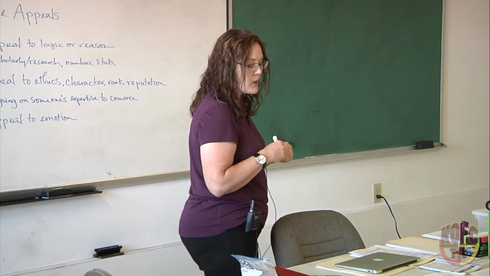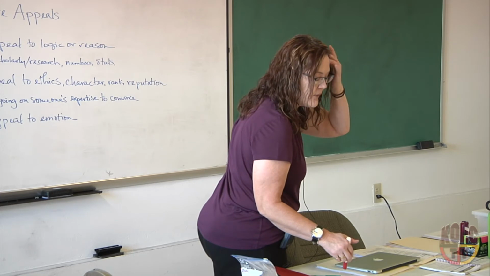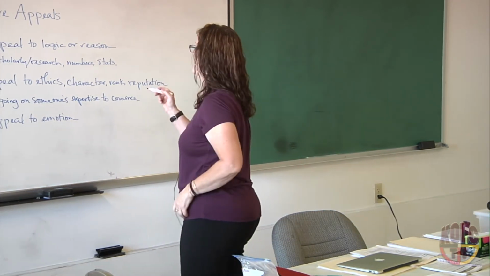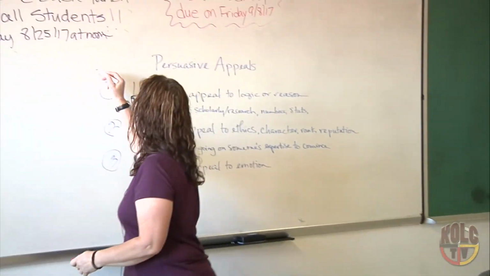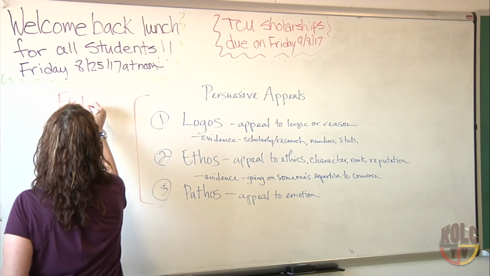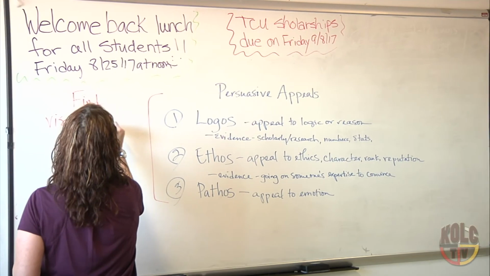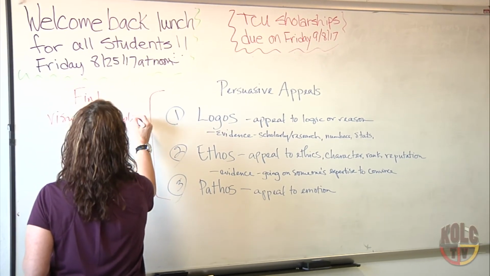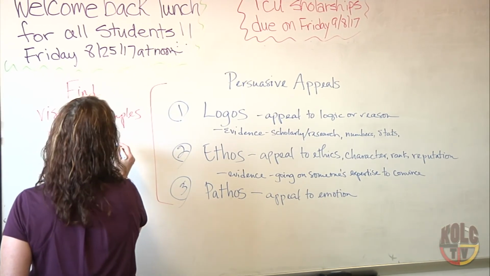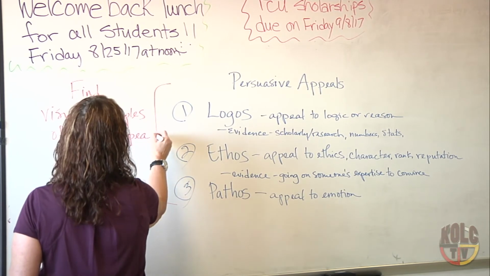But for next week, one of the primary assignments I need you to do is to find examples of each of these appeals. So you're going to find visual examples of each persuasive appeal.